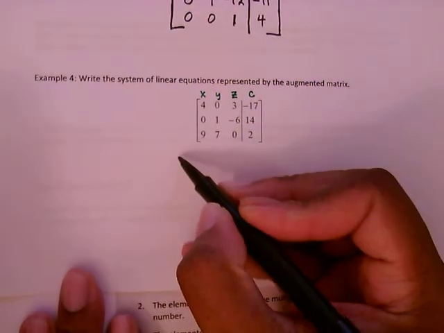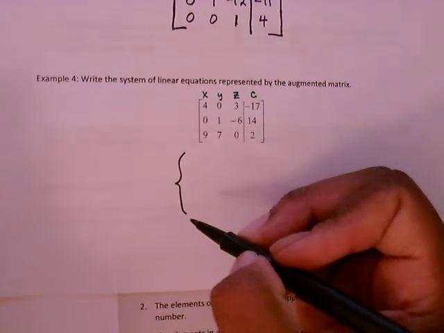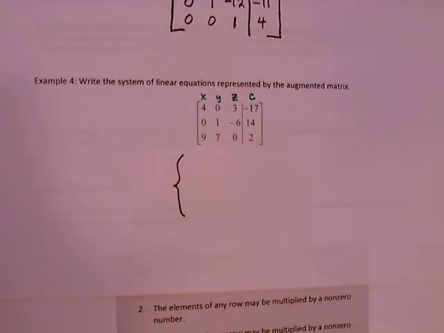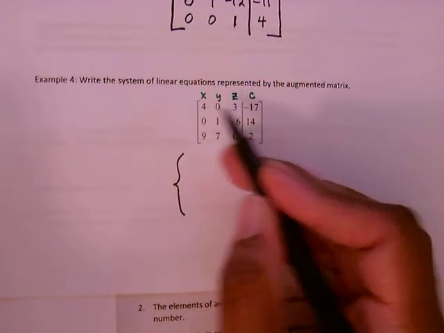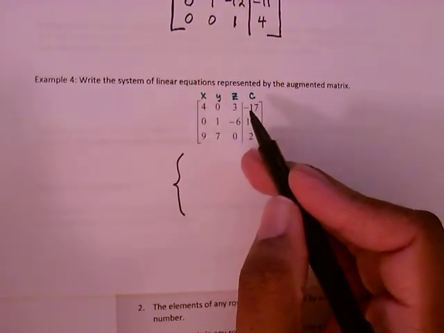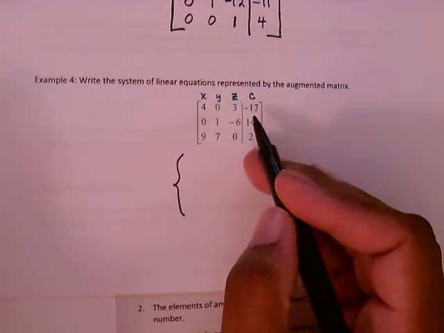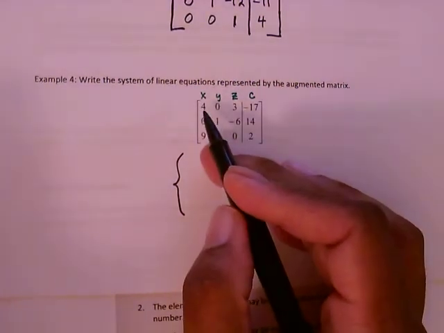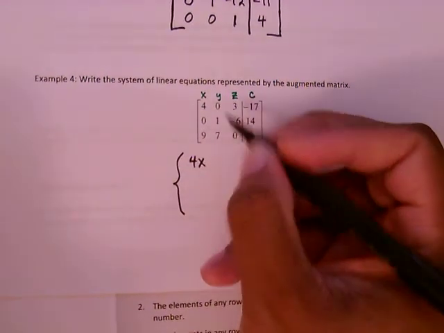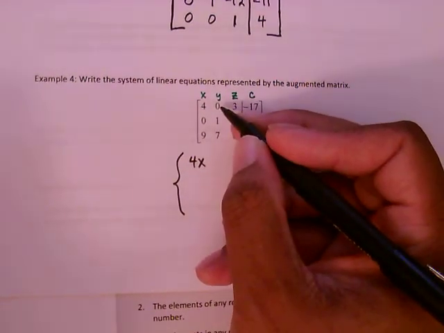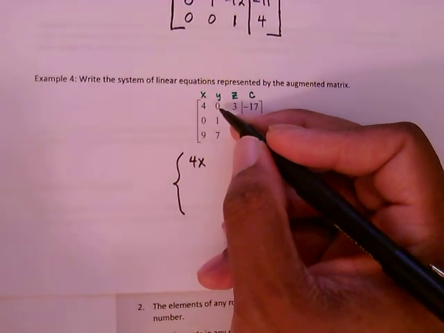And of course, in a system, we're going to need a left brace here. And then we're going to read across to write each row as a linear equation. So for 4, 0, 3, and negative 17, that 4 is the coefficient of x. So that's 4x. And if you have a 0 for x, y, or z, we don't necessarily need to write it down.